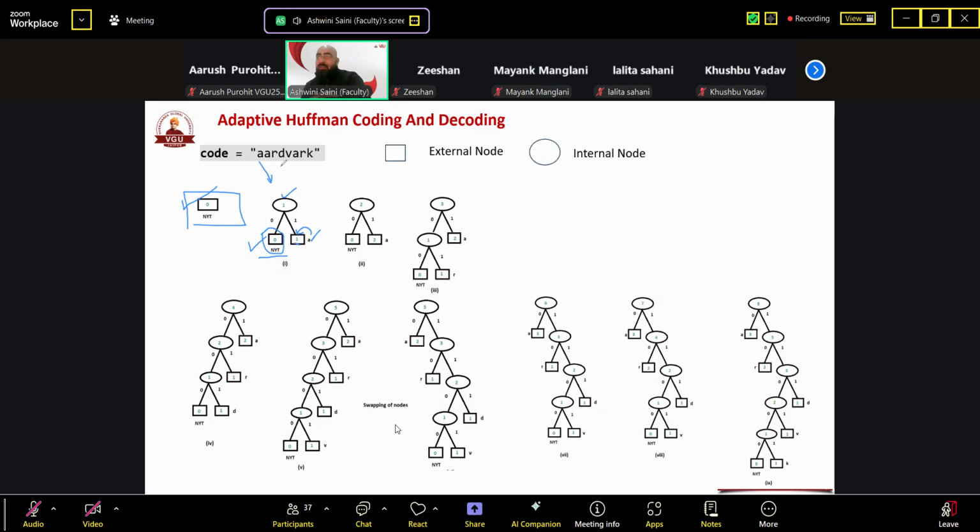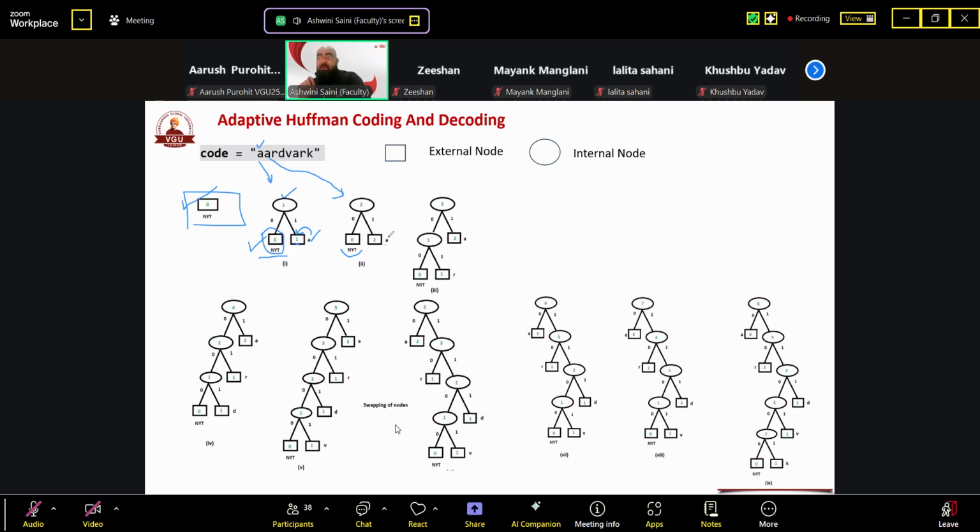Then we move to the second character, which is also A. A is not a new character now, because we already did the same thing for A. It is an already existing digit, so we do not need to encounter NYT again. NYT is already present, and we are adding this A to this particular node. A initially had weight 1.